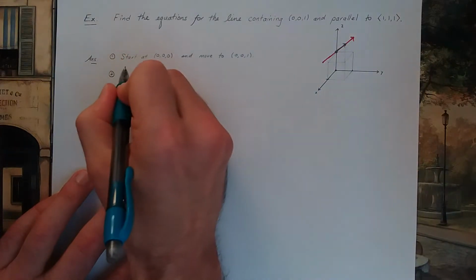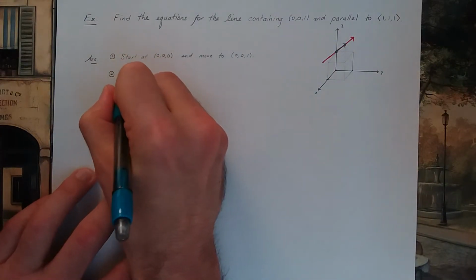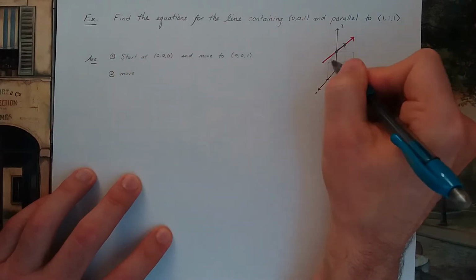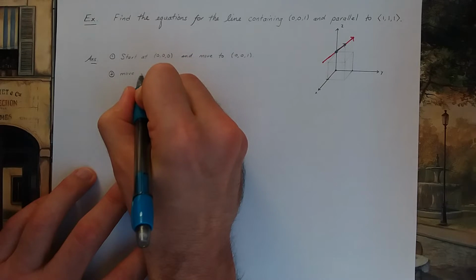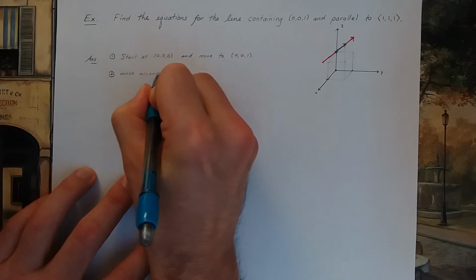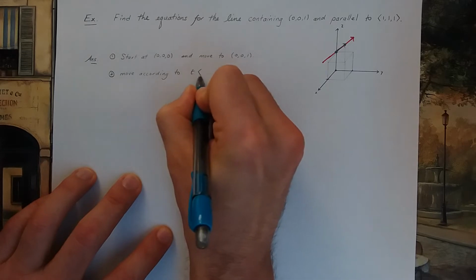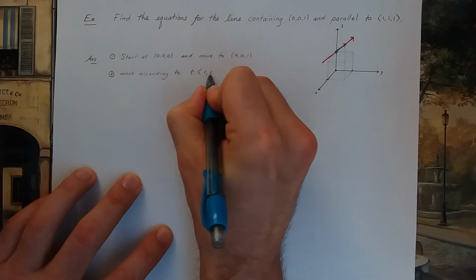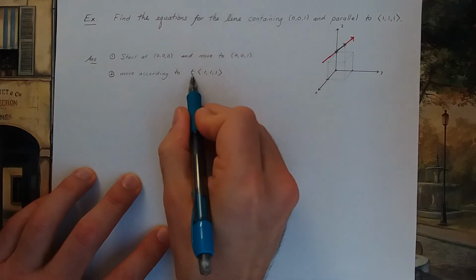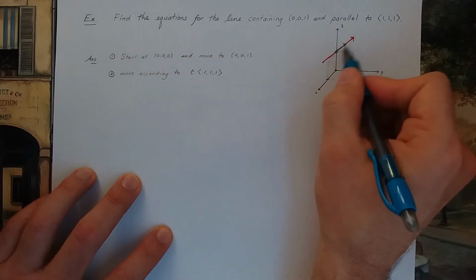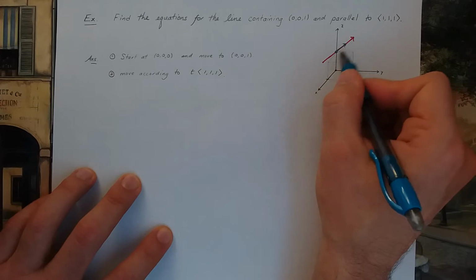Then after that, you move some distance along the line. So you move according to the vector t times 1, 1, 1. So you pick an arbitrary value t and you move some distance of t along parallel to the vector 1, 1, 1.